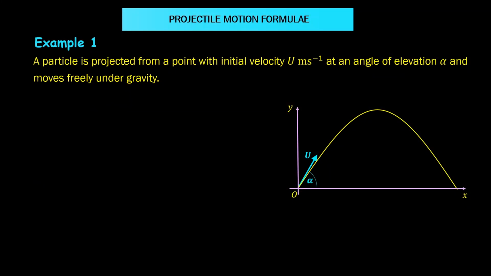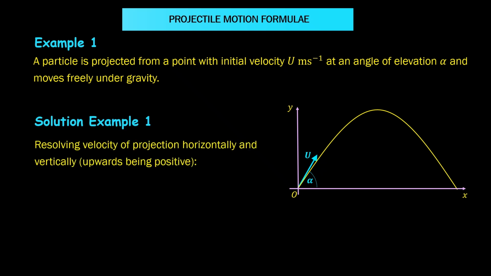Let's begin by taking a look at the scenario for this example first. A particle is projected from a point with initial velocity u meters per second at an angle of elevation alpha and moves freely under gravity.